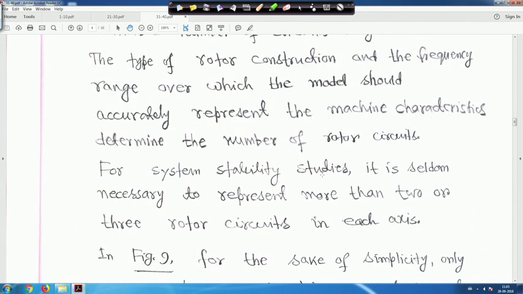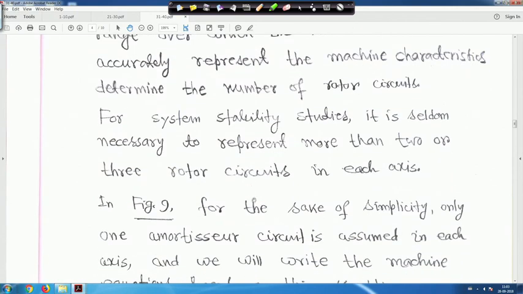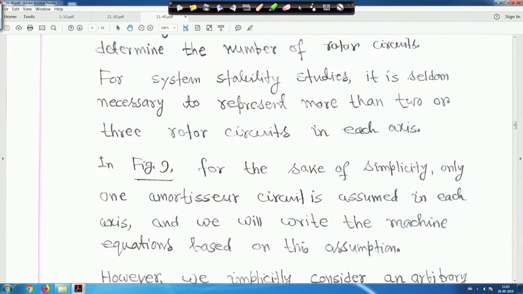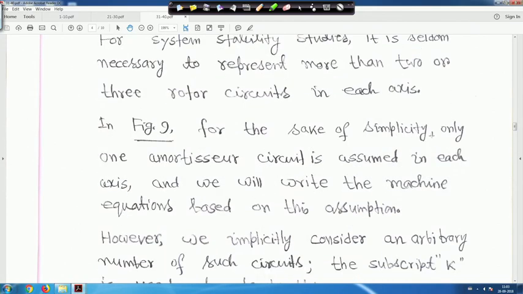For system stability studies, it is seldom necessary to represent more than 2 or 3 rotor circuits in each axis. So in figure 9, for the sake of simplicity, only one armature circuit is assumed in each axis, and we will write the machine equations based on this assumption.